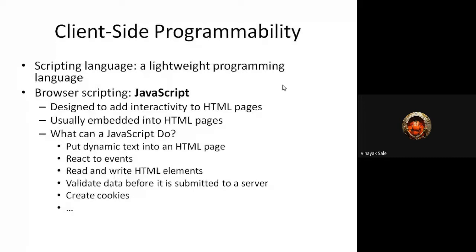What can JavaScript do? It can put dynamic text into an HTML page, react to events, read and write HTML elements, validate data before it is submitted to a server, and create cookies. These are the functionalities of JavaScript.